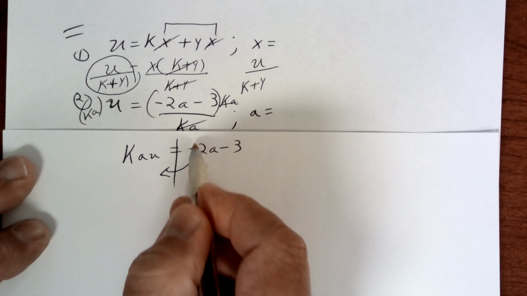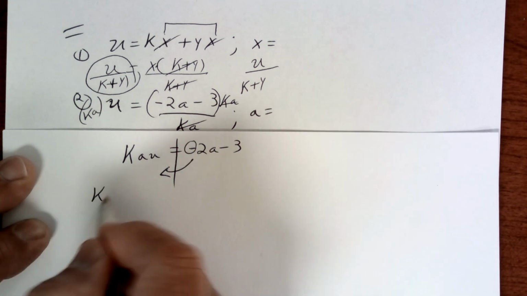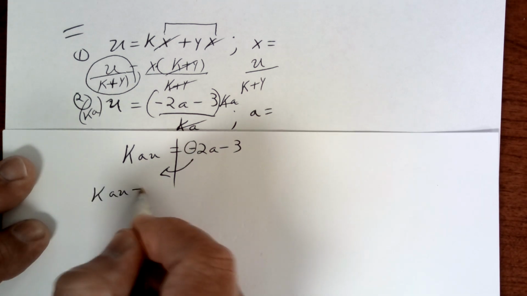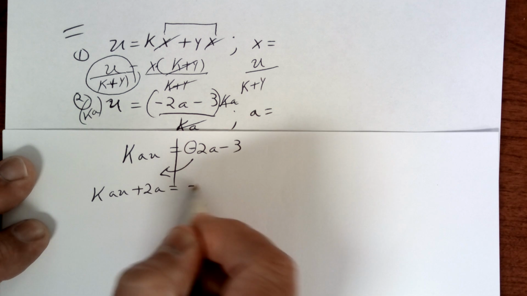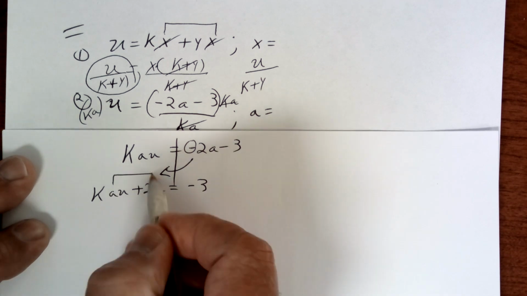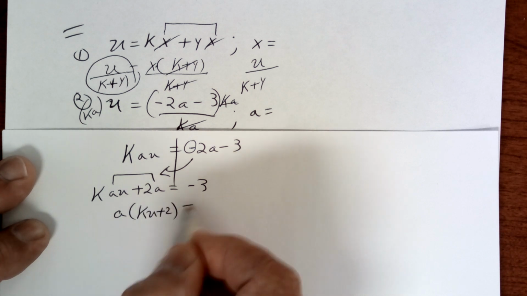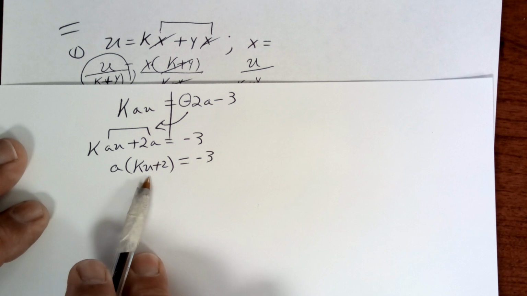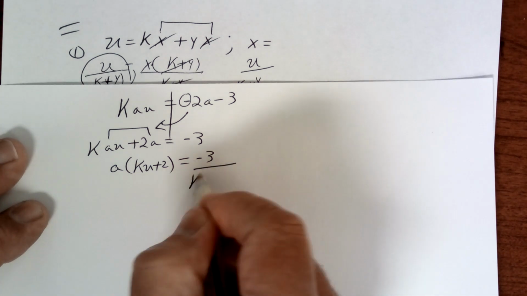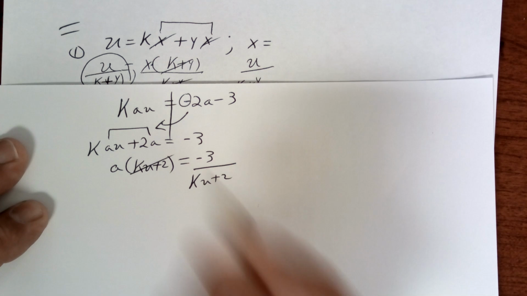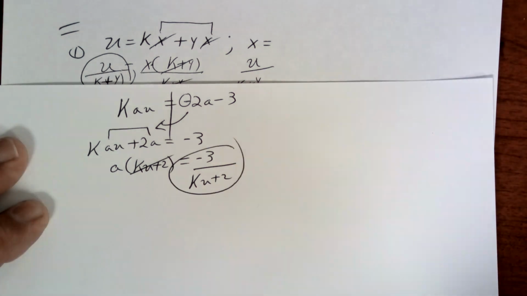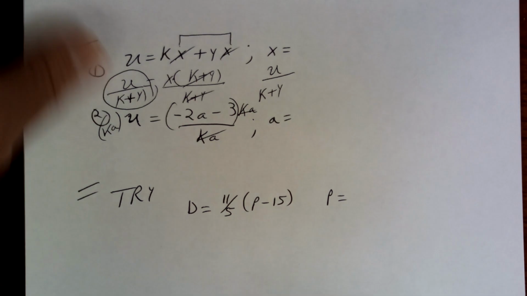The sign is going to change. So Ka plus 2a is equal to negative 3. You're going to factor out an a, and you're left with K plus 2 is equal to negative 3. And then you're going to divide by this. So K plus 2 is canceled. There's your answer. Okay?